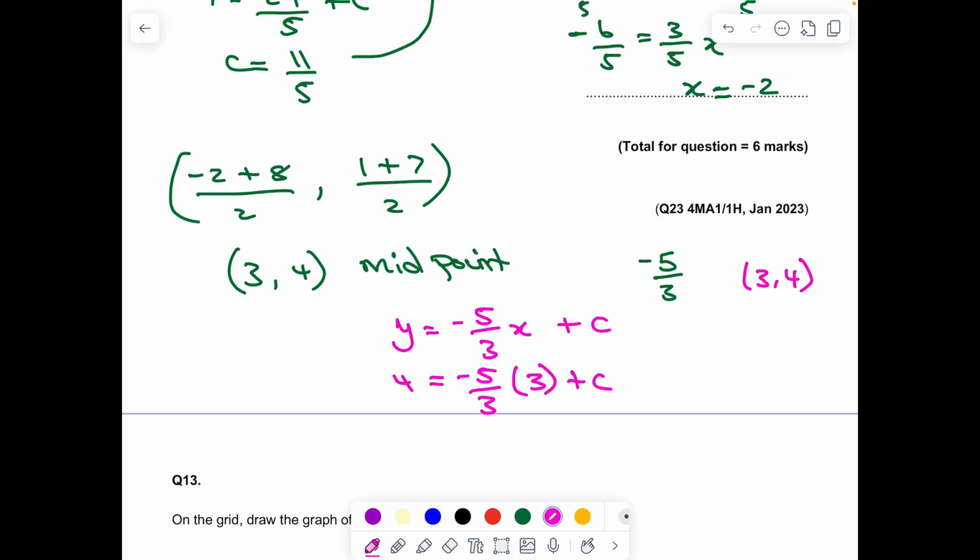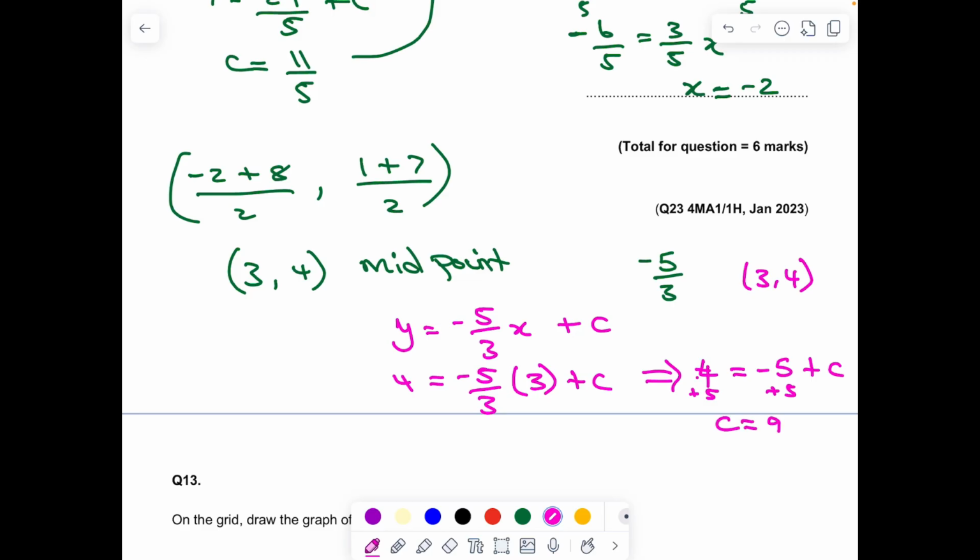Then you can do all of this on the calculator, remember. So then we get 4 equals minus 5 over 3 times by 3 just gives you minus 5 plus c. Add 5 to both sides, gives you c equals 9.